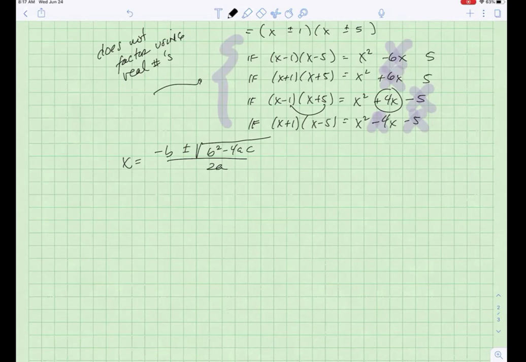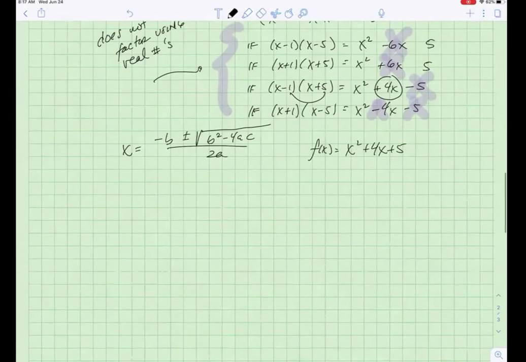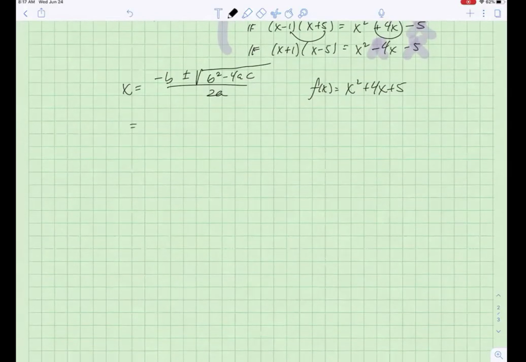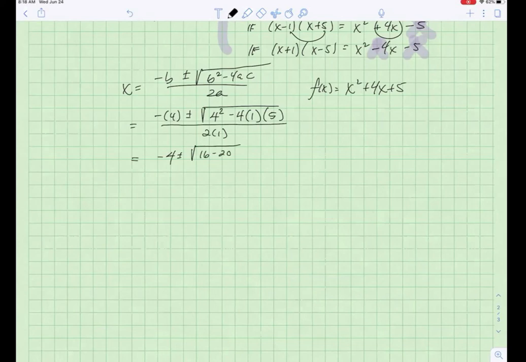And our function was f of x is equal to x squared plus 4x plus 5. So this is negative 4 plus or minus the square root of 4 squared minus 4 times 1 times 5 all over 2 times 1, which simplifies to be negative 4 plus or minus the square root of 16 minus 20 over 2, which is negative 4 plus or minus the square root of negative 4 over 2.